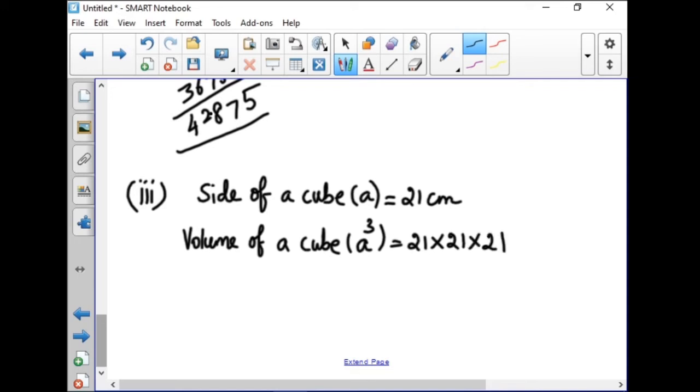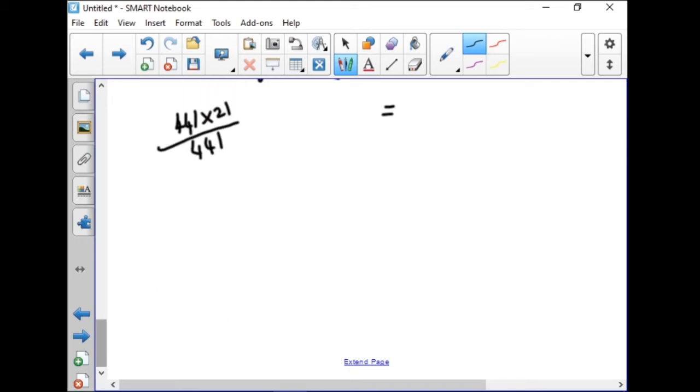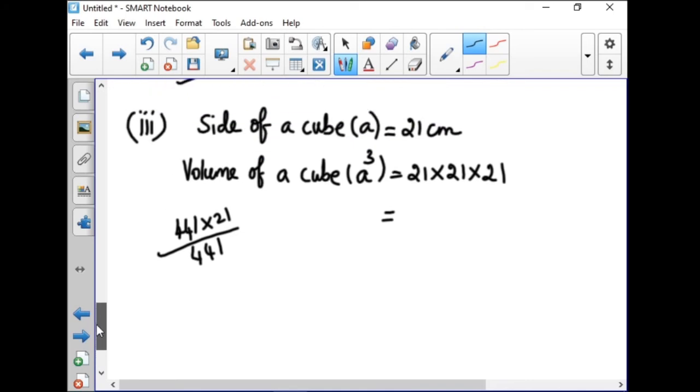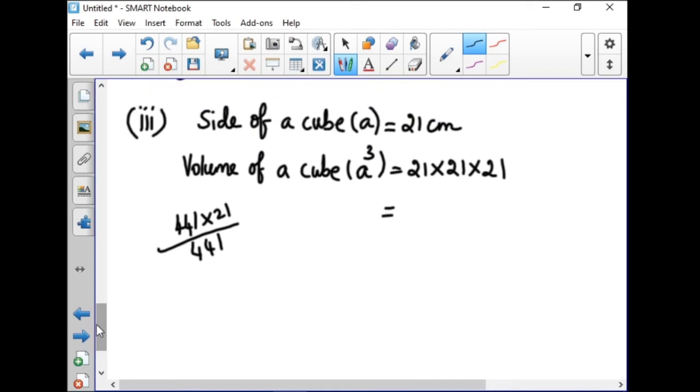Okay, so 21 into 21 is 441. So next one, 441 into again 21. So 441, then 2 into 441 is equal to 882. So if you add, you will get 1, 6, 12, balance 1.